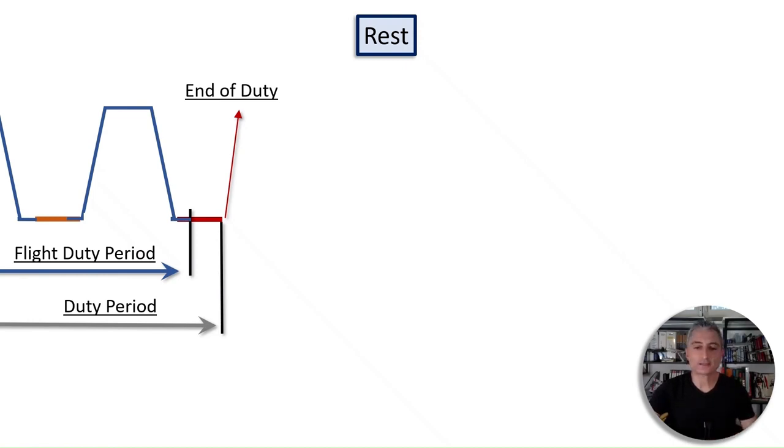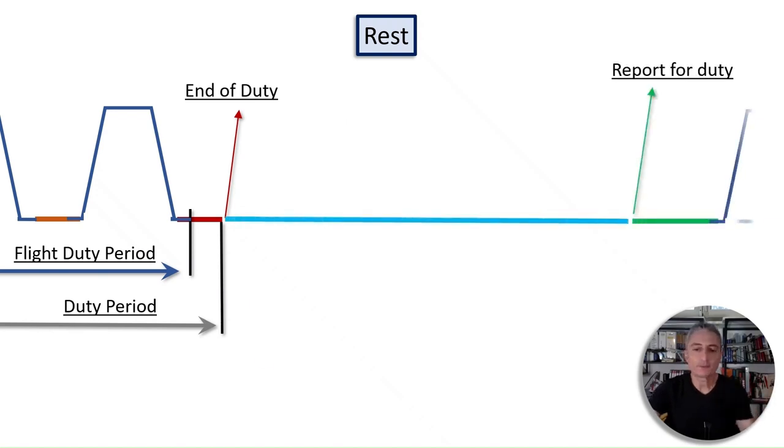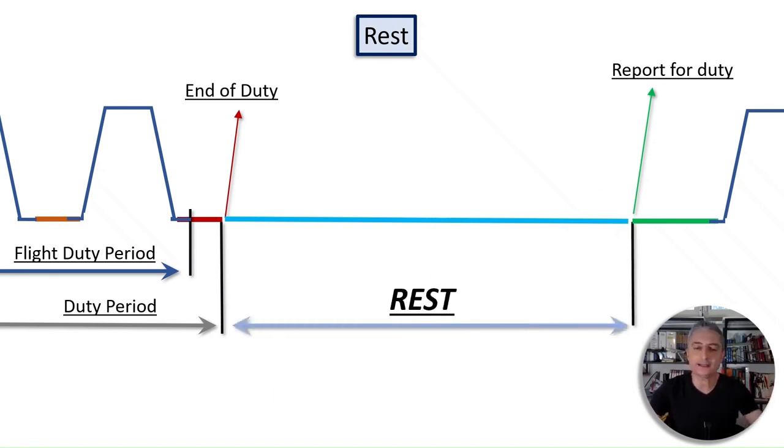What is a rest? So we have some flights, we finished, end of duty, and then we go home until we are free a certain amount of time, hours or days, until we report for duty again for another set of flights. Of course, the time between the end of duty and the report for duty for the next flight is the rest.